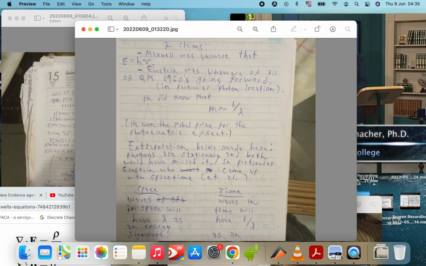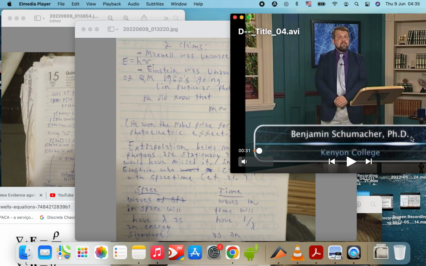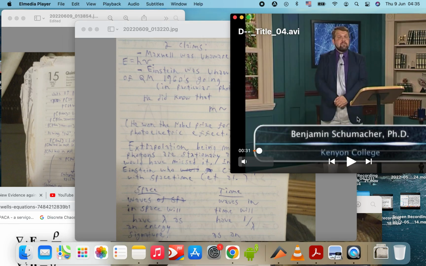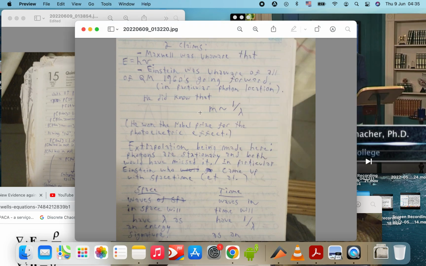Einstein wouldn't have known how ironclad this kind of quantum mechanics is by the 21st century. So maybe he wouldn't have seen it either, because it really helps explain this quantum mechanics.